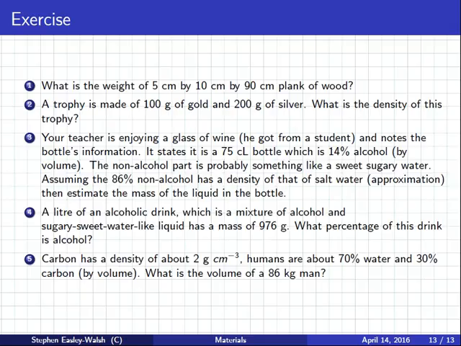We find the density of the alcohol drink. I have a mass and I have a volume, that's a liter. I can get the density by dividing 976 by 0.001 because it says a liter.